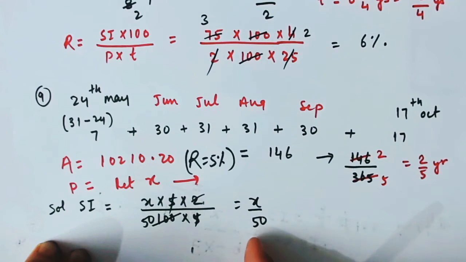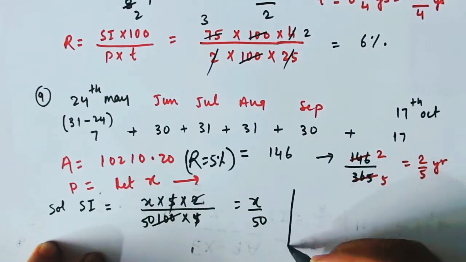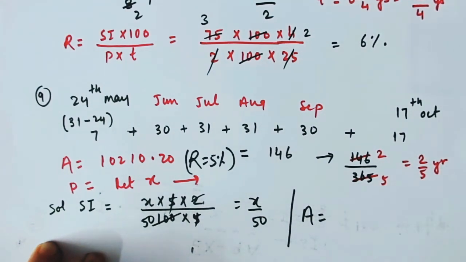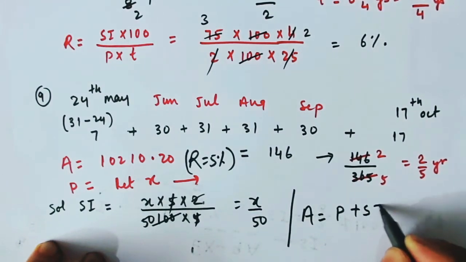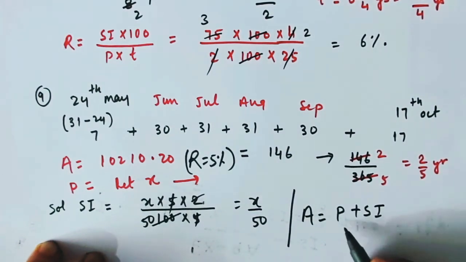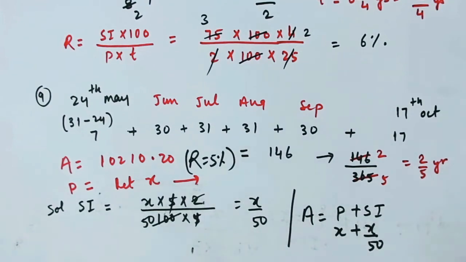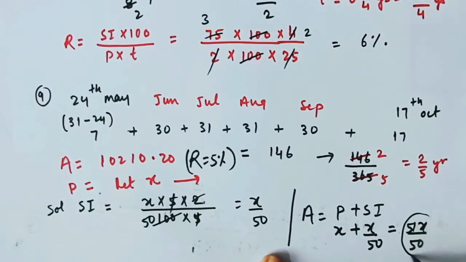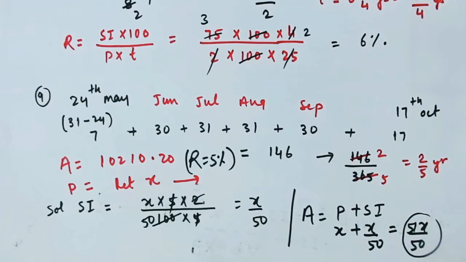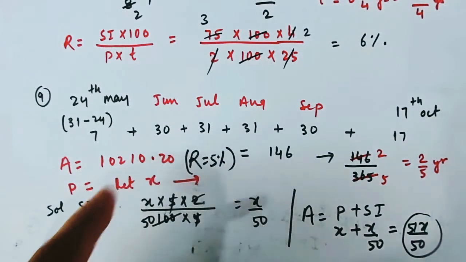When x by 50 is your simple interest, what will be your amount? Your amount will be equal to principal plus simple interest. When you add these two, that is principal plus x by 50, what are you going to get? You will get 51x by 50. This 51x by 50 is equal to your amount.